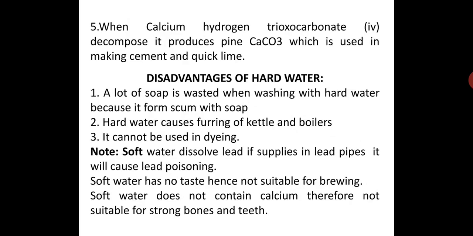Number 5, when calcium hydrogen trioxocarbonate 4 decomposes, it produces calcium trioxocarbonate 4, which is used in making cement and quicklime.